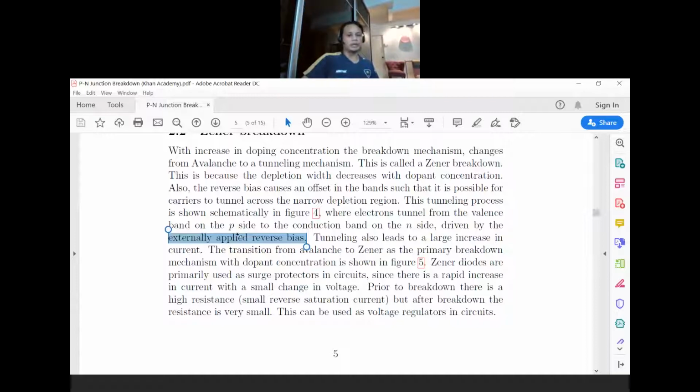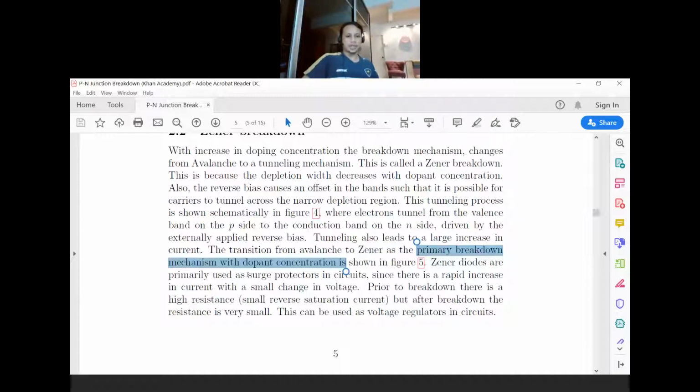The moment you have tunneling of carriers across the junction, you will have higher current in comparison to the leakage saturation current density. So the transition from avalanche to Zener breakdown will take place as the primary breakdown mechanism due to the high dopant concentration.